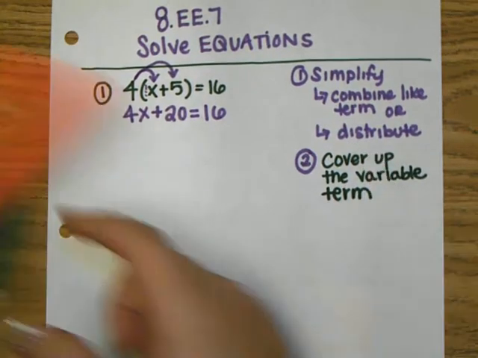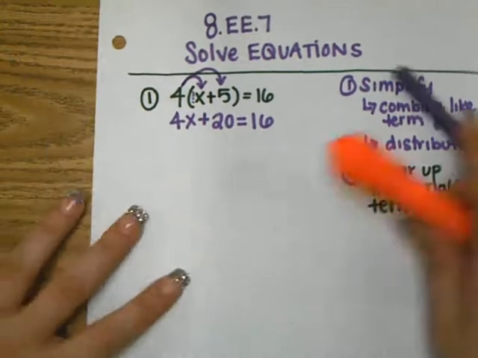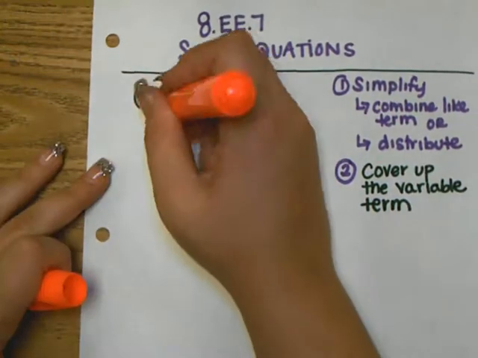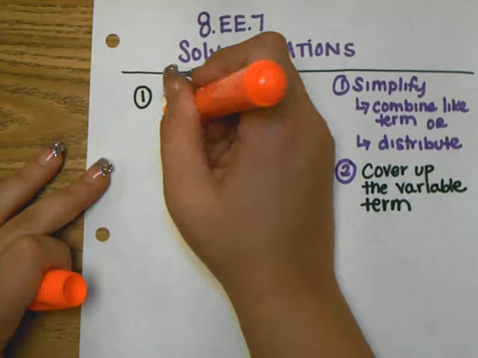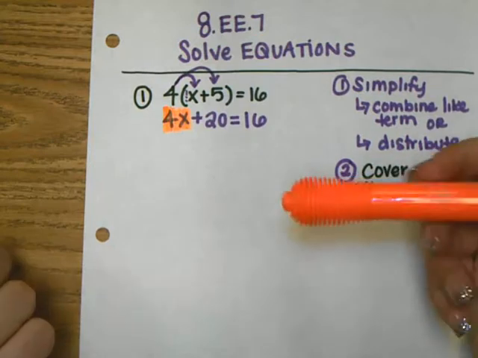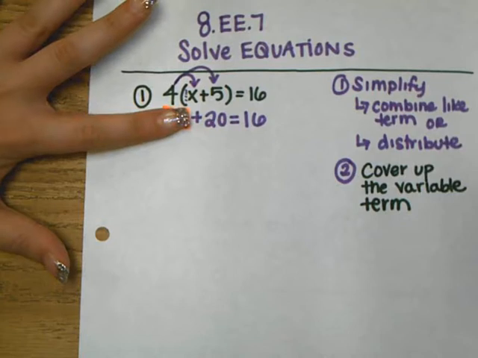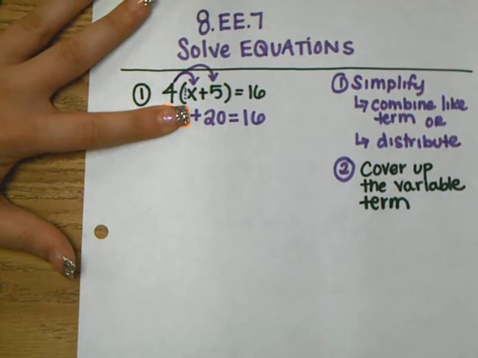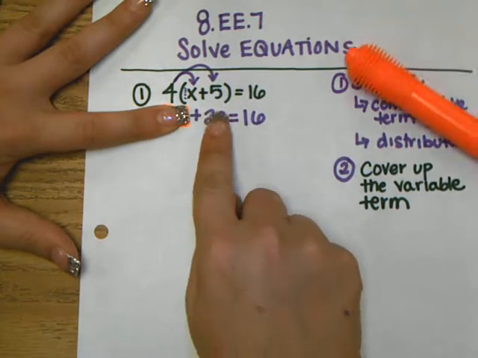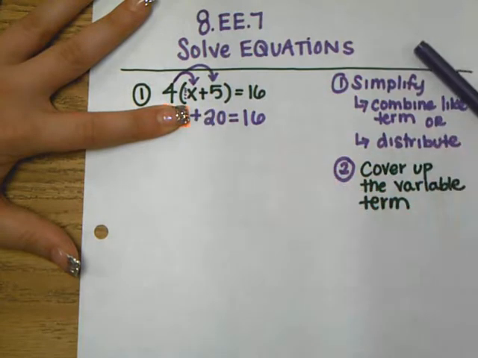If you have a highlighter, what I'm going to do is highlight it instead of cover it up. If you don't have a highlighter, a good strategy is to just cover it up, point at it, so you're not looking at it. What you should be focusing on is what's next to the variable.